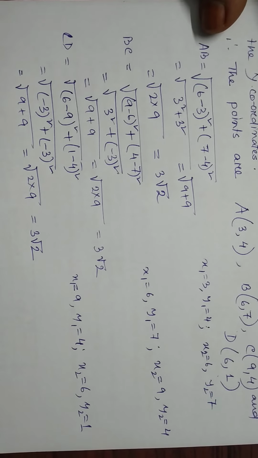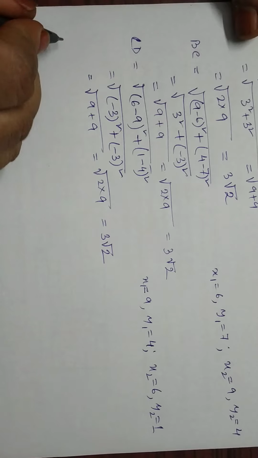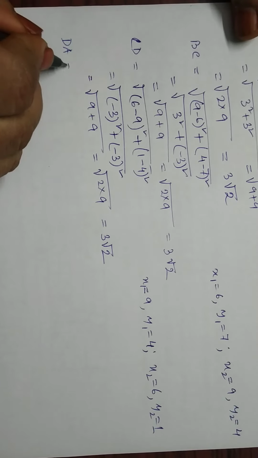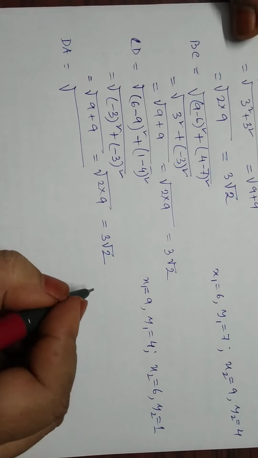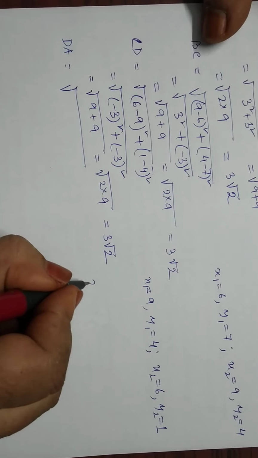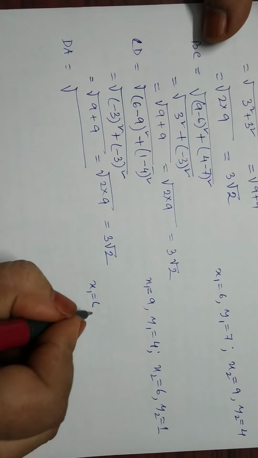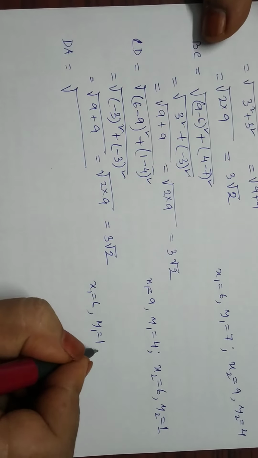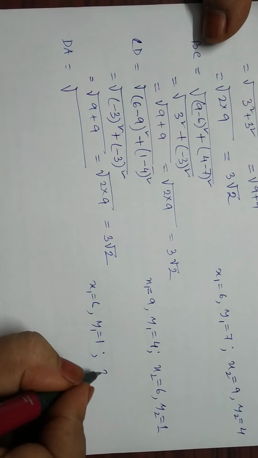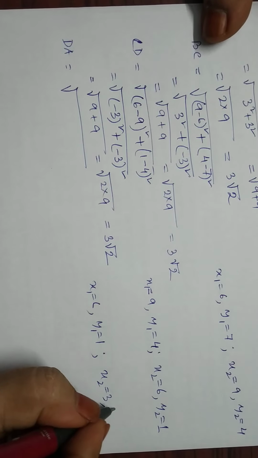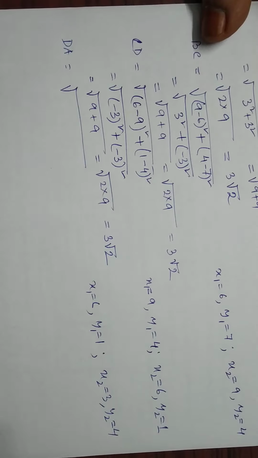Next DA. D point coordinate: x1 is equal to 6, y1 is equal to 1, and x2 is equal to 3, y2 is equal to 4.